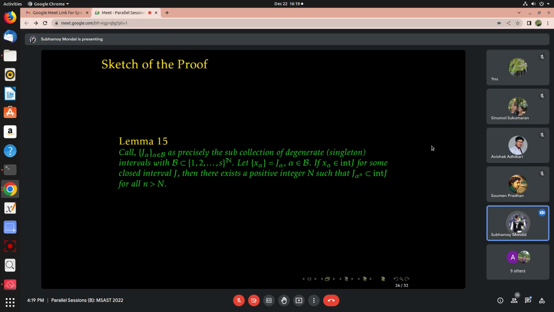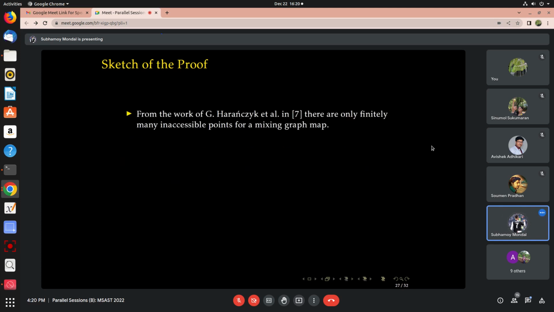Now the other lemma says that if J alpha is precisely the subcollection of disjoint non-degenerate intervals, and X alpha is equal to J alpha, which lies in the interior of J, then there exists some positive integer n such that J of alpha to the power n is contained in the interior of J after a certain stage.